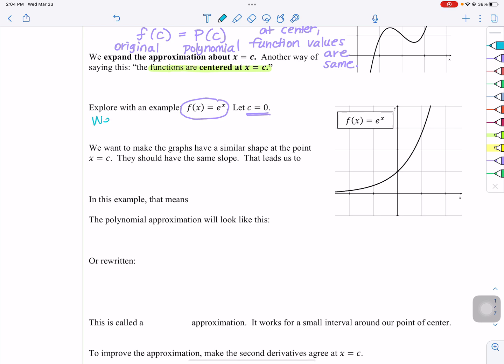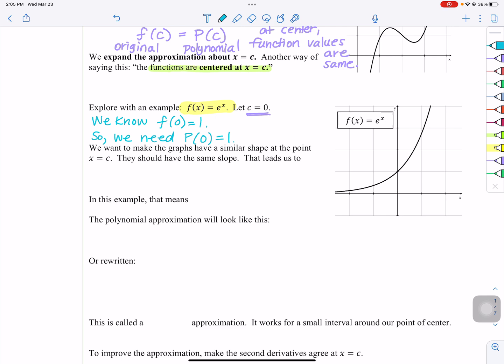We know that f of 0 is equal to 1 just by evaluating this function. What do we need? We need the polynomial evaluated at 0 to be equal to 1.